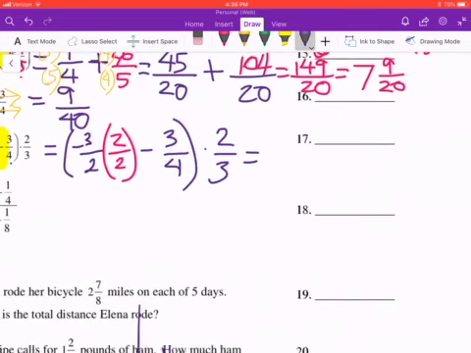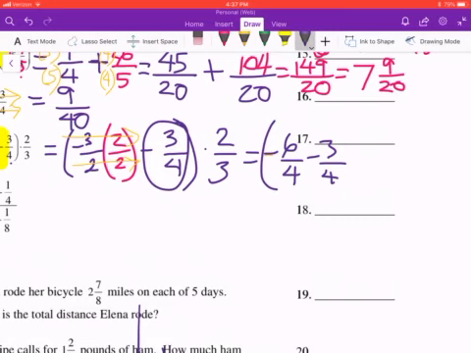So from here, we could change this fraction, multiply by 2 over 2. So this will give me negative 6 over 4. And we have here negative 3/4 and times 2/3.